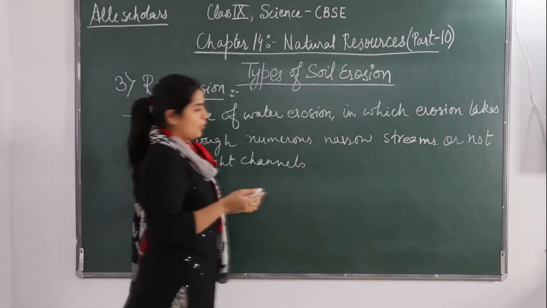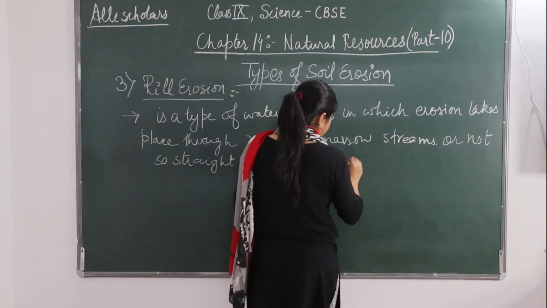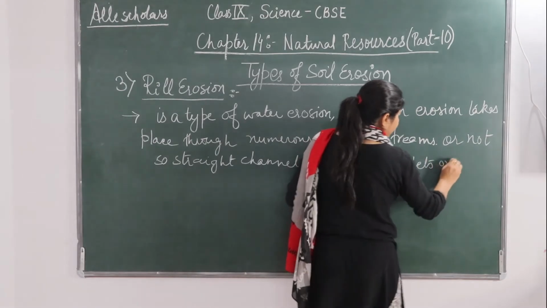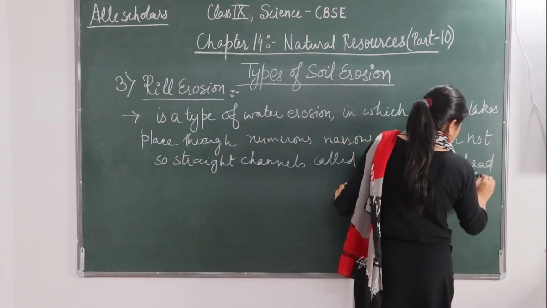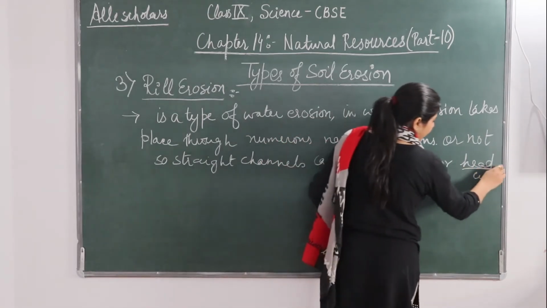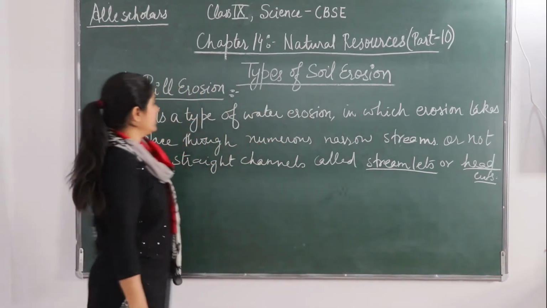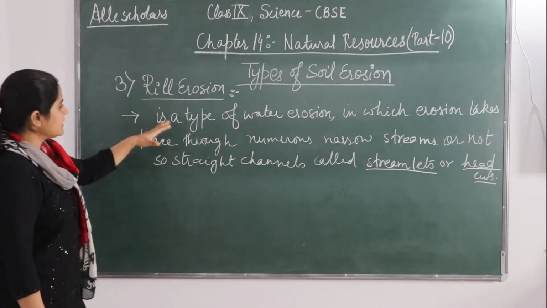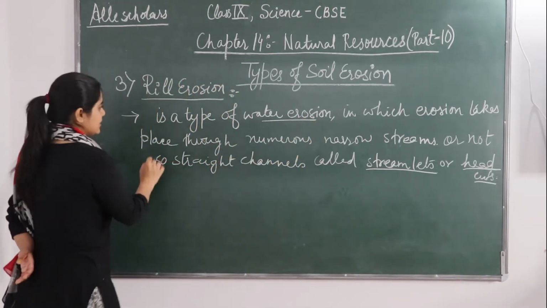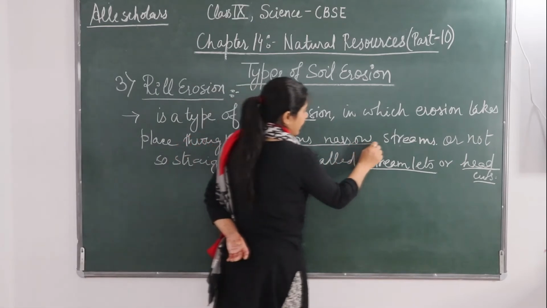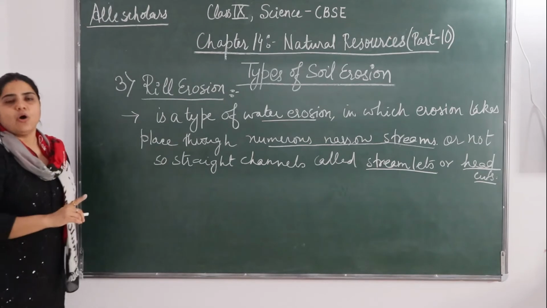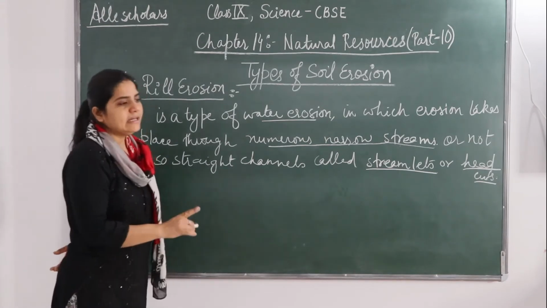And these are going to be called streamlets or head cuts. So rill erosion is a type of water erosion in which erosion takes place through numerous narrow streams or not so straight channels called streamlets or head cuts.